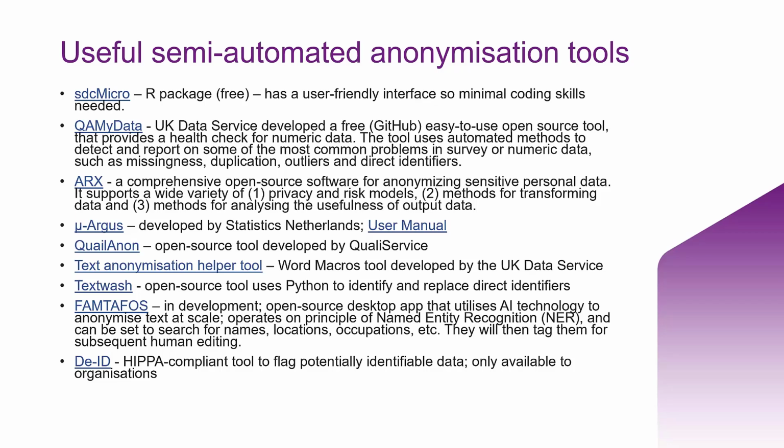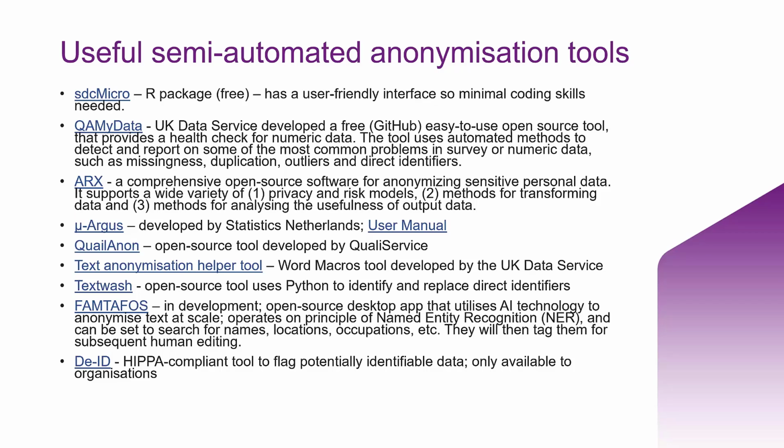QAMyData, that we've discussed previously, is very, very useful to detect direct identifiers, but also outliers, which again increase the disclosure risk. ARX and μ-Argus, again for quantitative data. There are some tools for qualitative data as well.